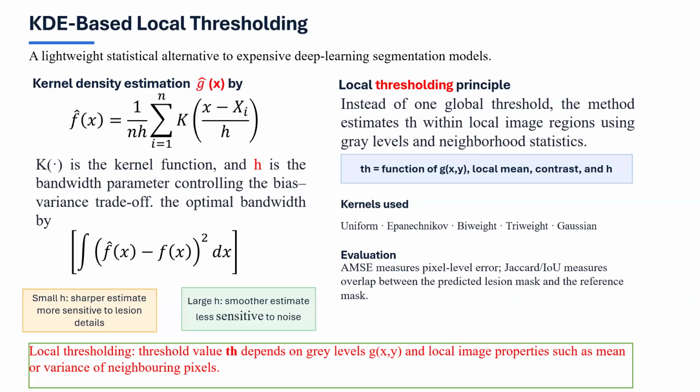The steps of the model. First, the dataset. Here, the study used the monkeypox lesion dataset from Kaggle.